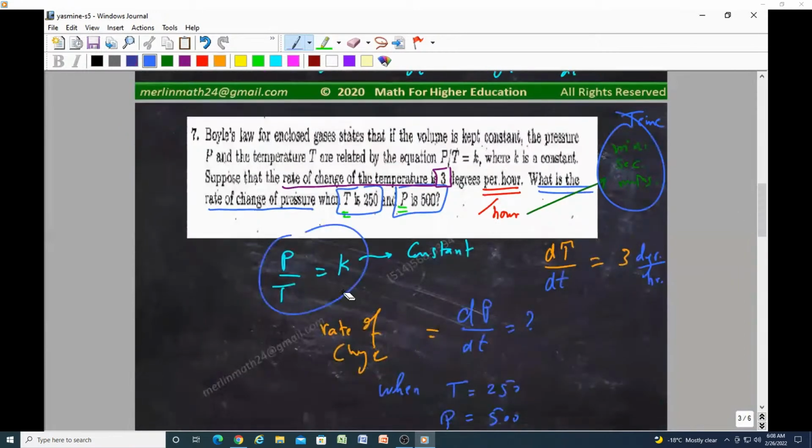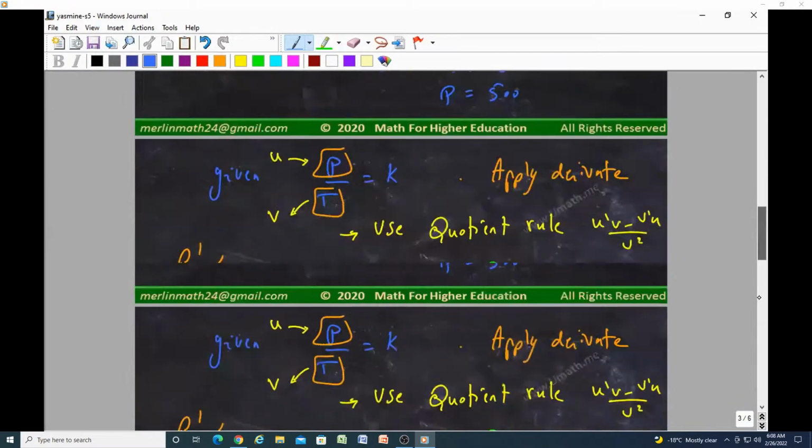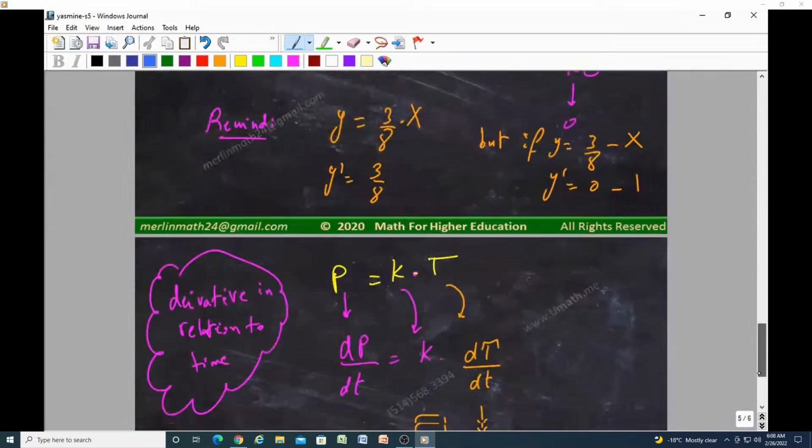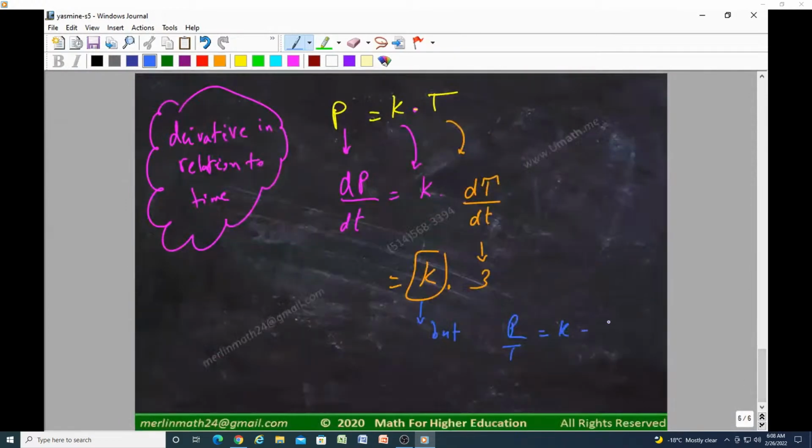So I can find k. How much is P? 500. Put those numbers. Use the calculator. So it would be 500 over 250. It is 2. So your final answer, dP over dt, simply would be 2 times 3, which is 6.